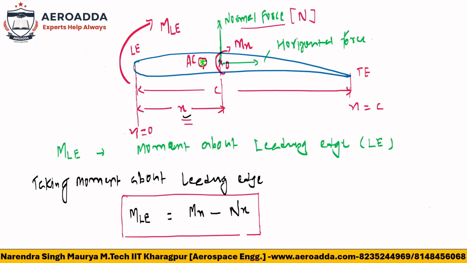For this aerodynamic center, obviously the moment will be CM ac, correct, and this location I am talking about is this x. I hope you all agree with this, correct?